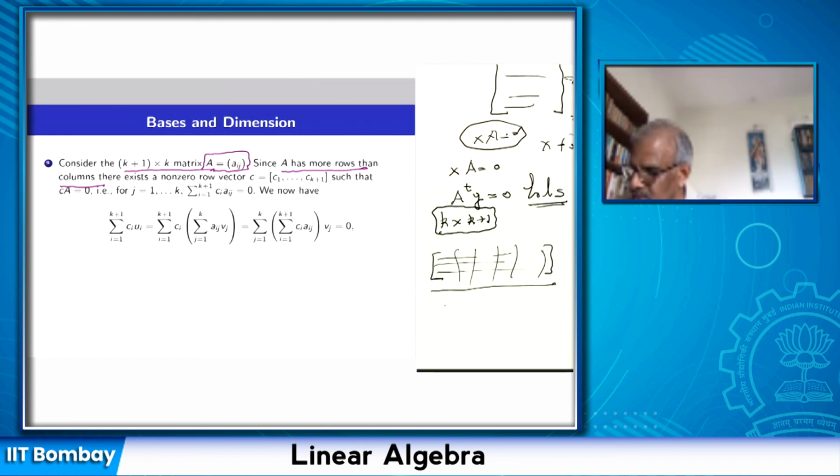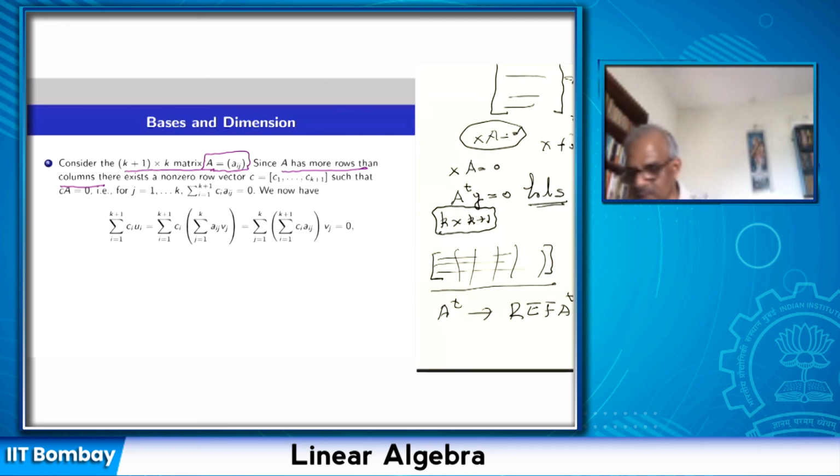So when I convert this A transpose into its row echelon form, it will have k rows and k plus 1 columns. When you look at the pivots, the number of pivots cannot exceed k, because there are k rows. So there is at least one non-pivotal column.